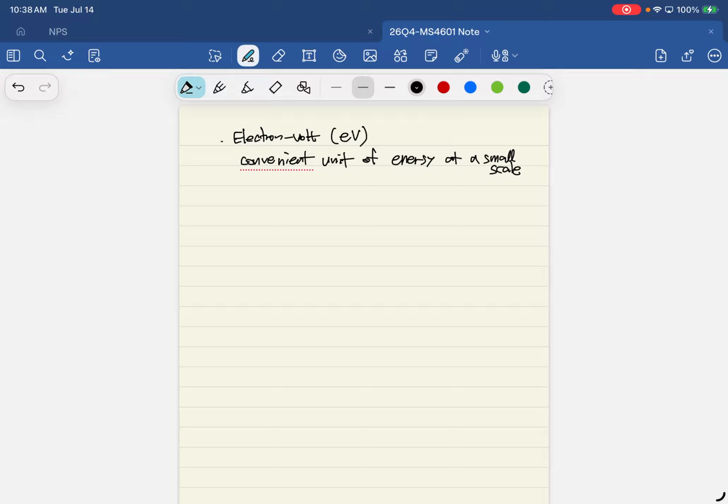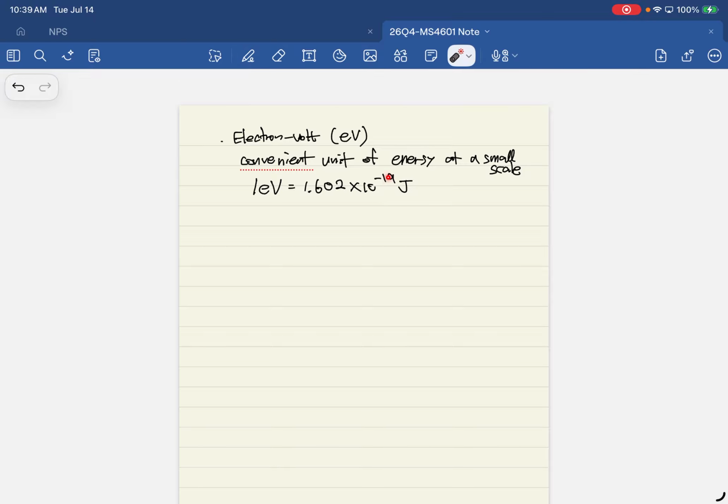For example, 1 eV is equivalent to 1.602 times 10 to the negative 19 joule. When you think about it, this is an extremely small value, right? For classical mechanics, classical physics, we often talk about just joule or kilojoule.